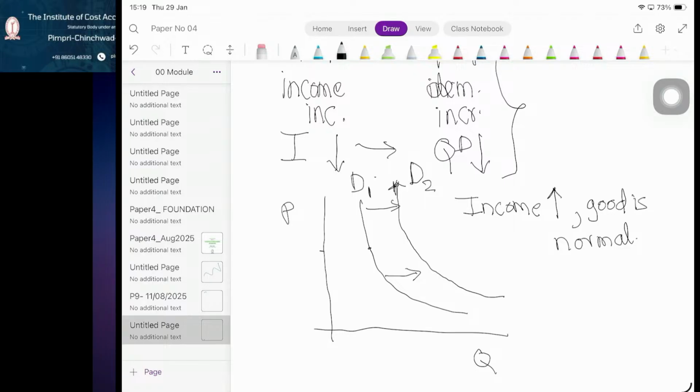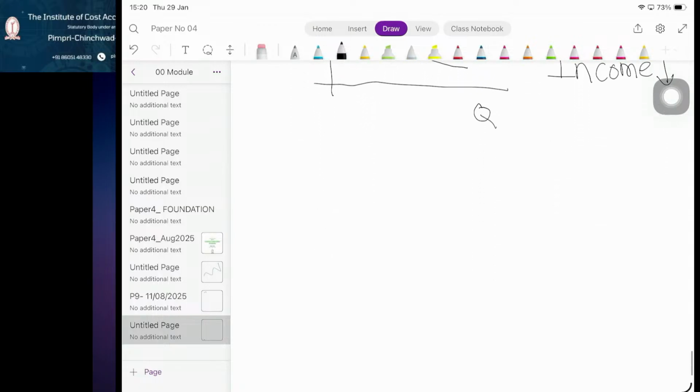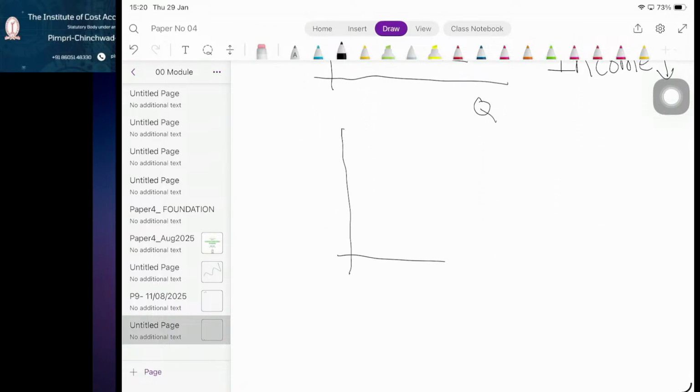and this increase is called increase in demand. Or contrawise, what would happen if income drops? Can you all draw the diagram? If income drops, what would happen? And the beginning situation is that the good is normal. I have a demand curve like this, D0, and income has decreased. What will be the new demand curve?